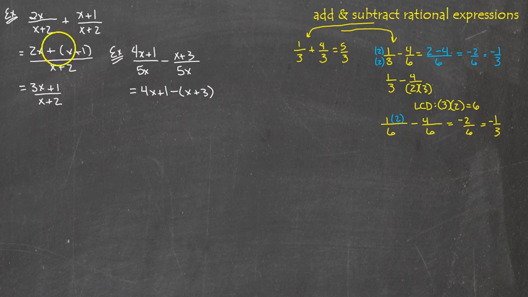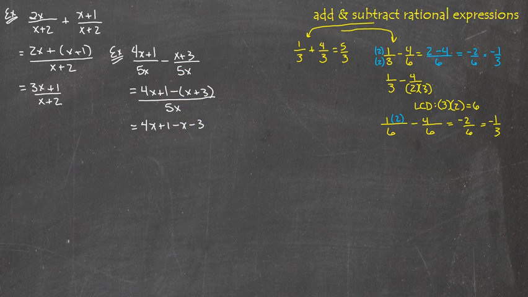Notice how in both cases I protected the numerators with parentheses and then decided later whether I needed the parentheses. In this case I didn't, because plus doesn't change any signs inside. But in this case you can see that negative a binomial means negative each term. So let's do that explicitly. So this is 4x plus 1 minus x minus 3.